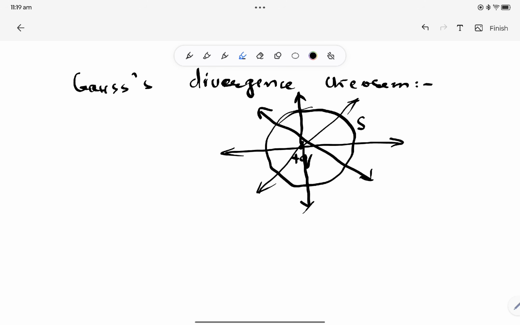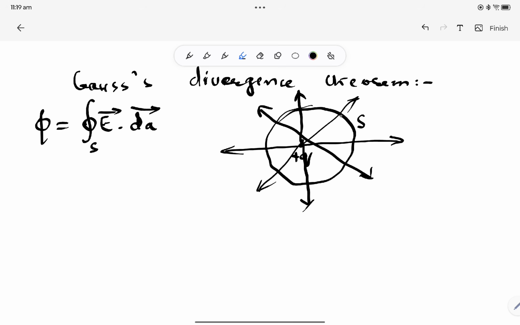Electric flux. We know that electric flux phi is equal to integral E dot dS, surface integral of electric field over this surface, or this closed surface. That means what you are doing is you are dividing this surface into infinitesimally small area elements dA. Say here is a particular area element dA.